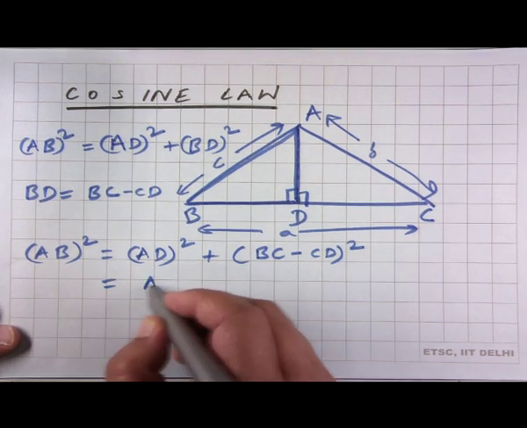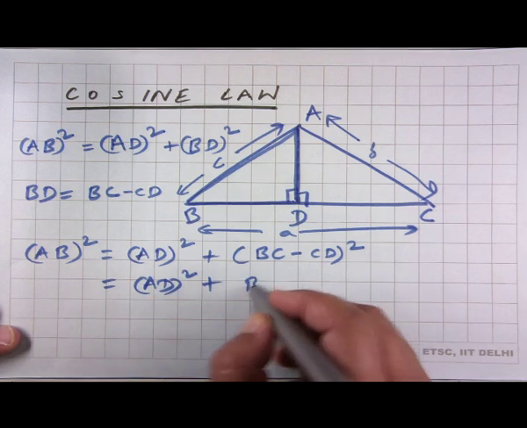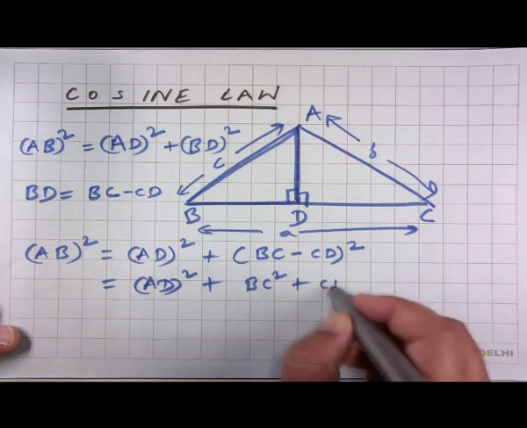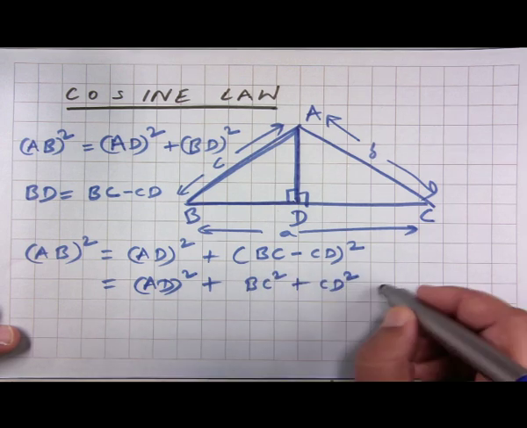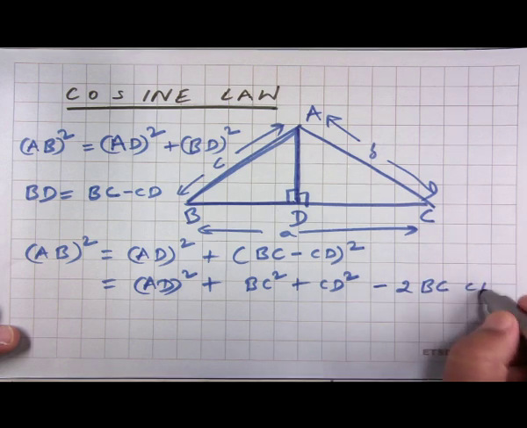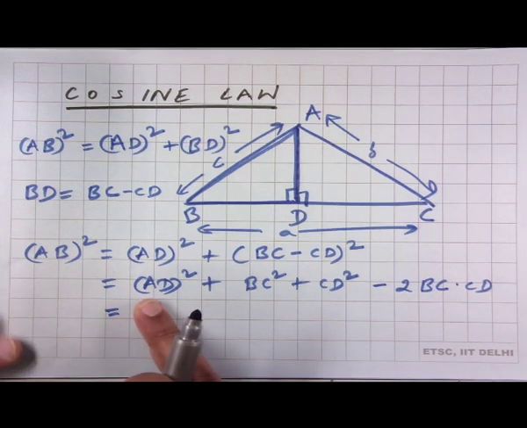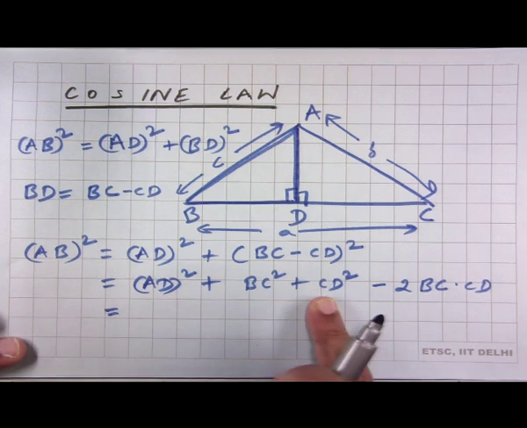Then a little algebra shows that this is equal to AD square plus BC square plus CD square minus 2 times BC times CD. Then we try to combine AD square with CD square.